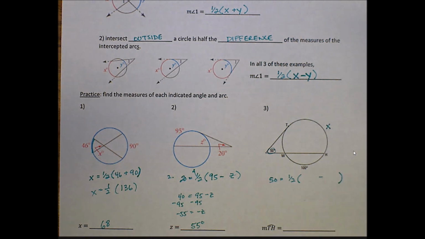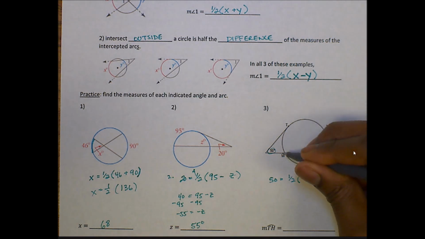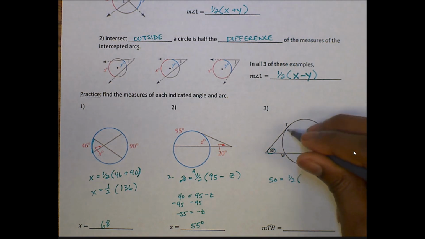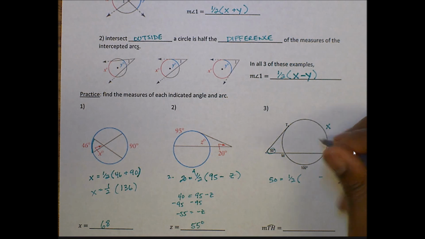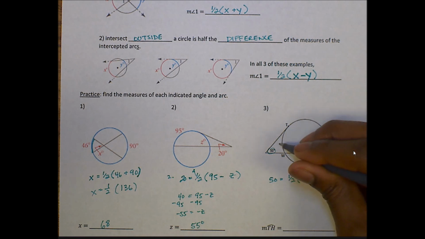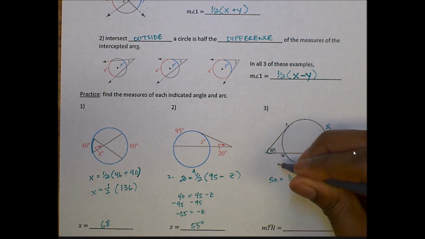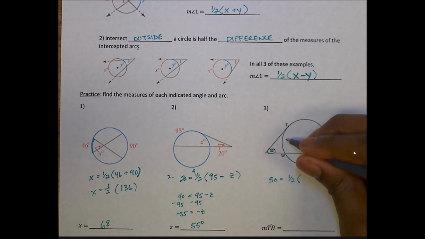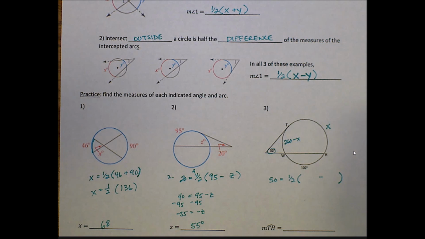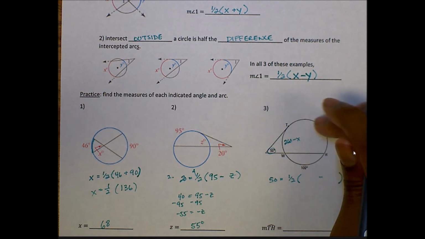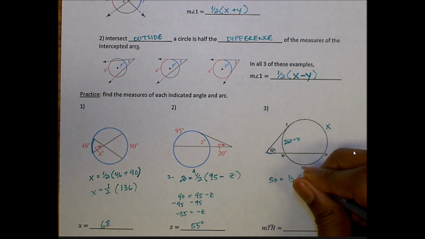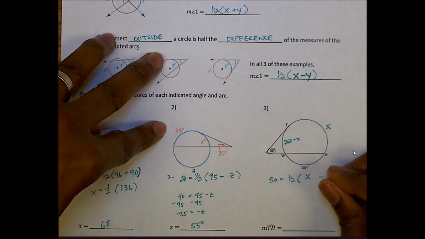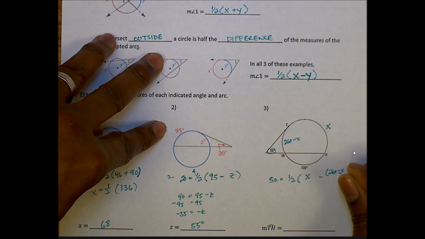That's what we're trying to find. And because I know this whole thing, WTH, has to be 260, I'm going to call TW the rest of 260 after we take away x, or mathematically, 260 minus x. I'm going to take the bigger number first, minus the smaller number: 260 minus x.